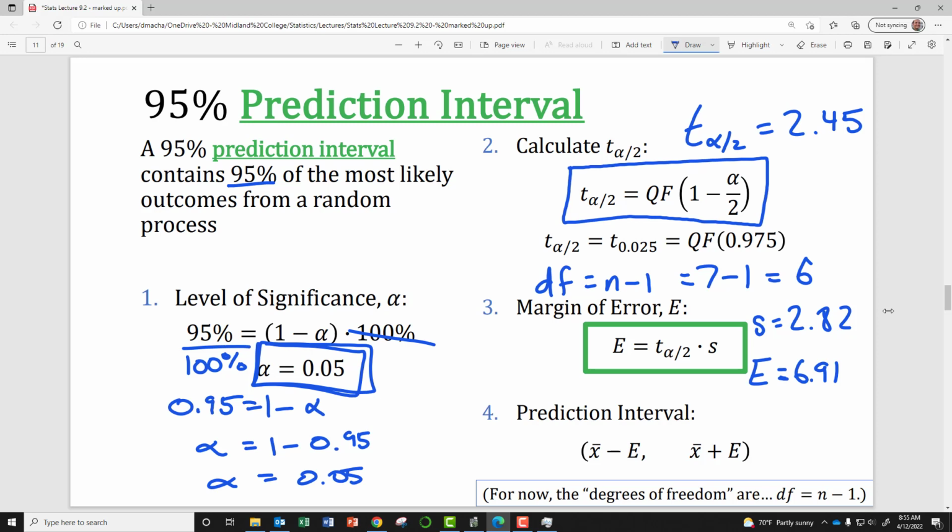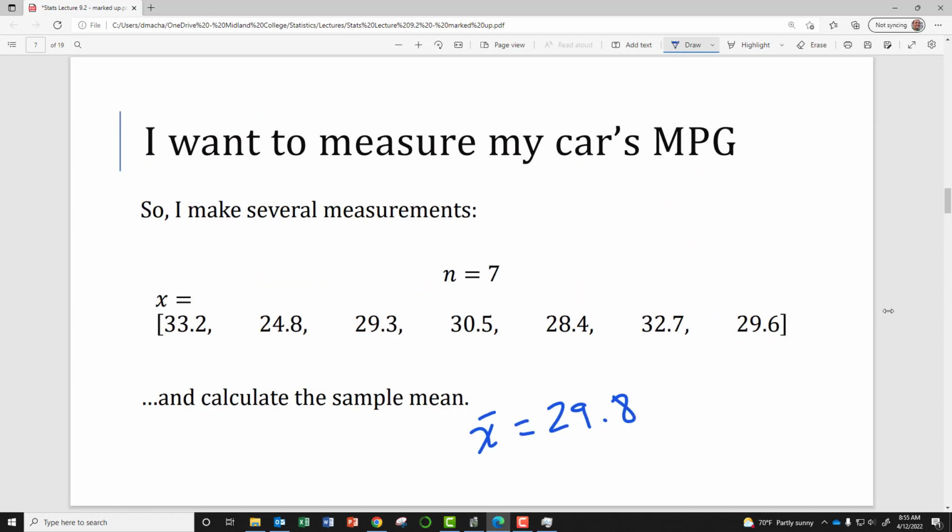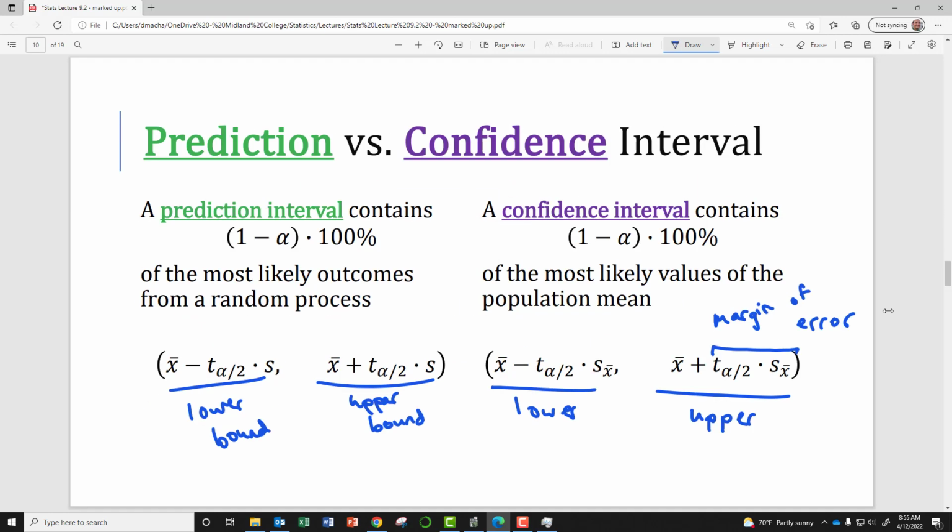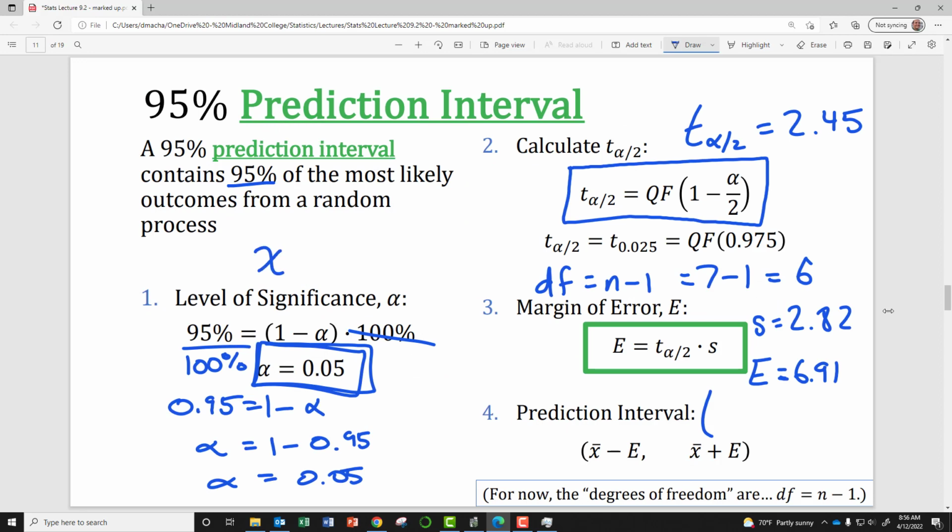So for my prediction interval, the lower bound is going to be the mean minus 6.91. Remember, my mean, we calculated as 29.8. And so I'll just round my margin of error to 6.9.